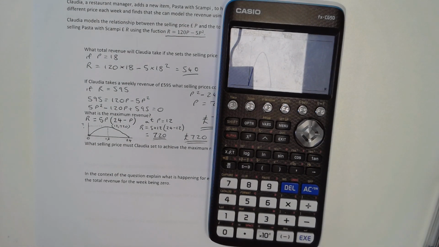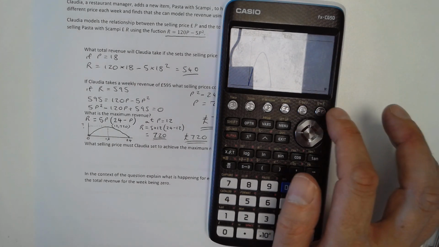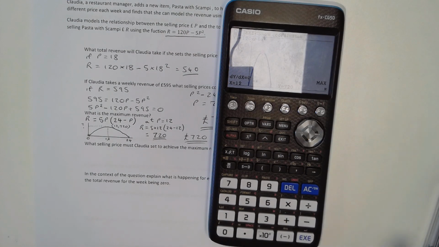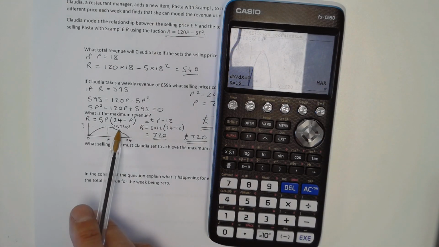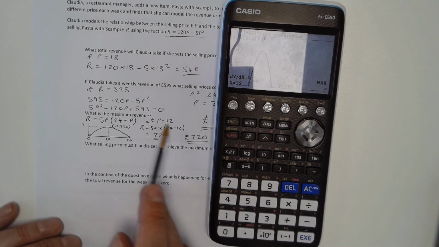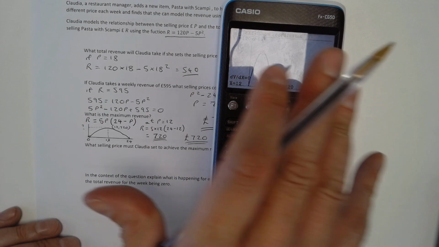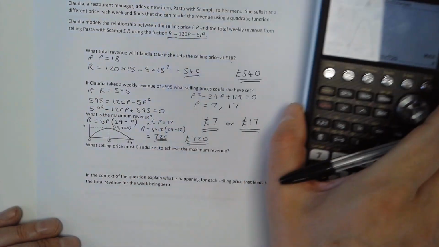You may have to mess around with the V window to get it looking right, but if you get there, you get something that looks reasonable. I'm going to do gsolve, I'm going to do max, and there we go. I can see the max is at 12, 720, which is what I'd calculated there. So I think it's good to be able to understand the graphical representation and how the algebra works, but don't forget you've got your calculator to make that check.